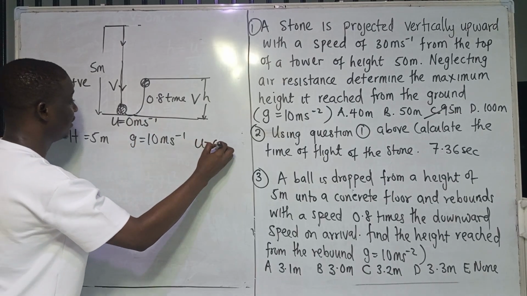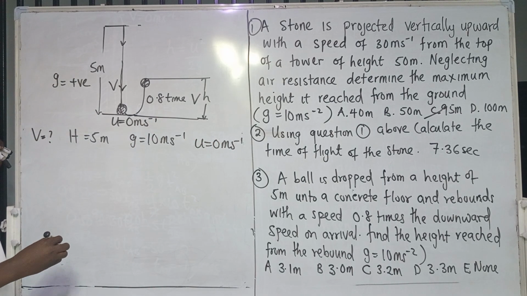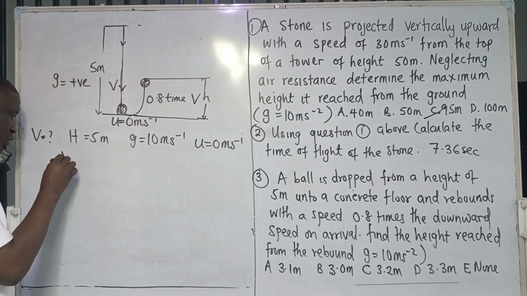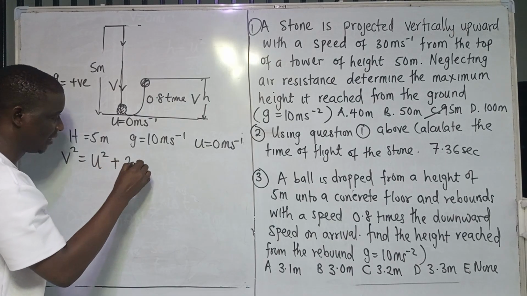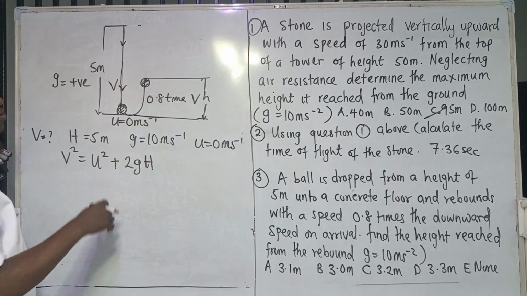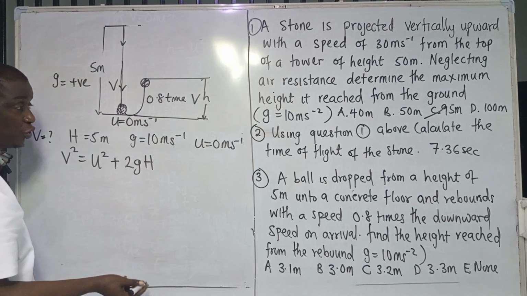The final velocity we don't know; that's what I'm looking for. So I will use V squared equals U squared plus 2GH. When the body is coming downward, you don't need to use H1 minus H0 again.